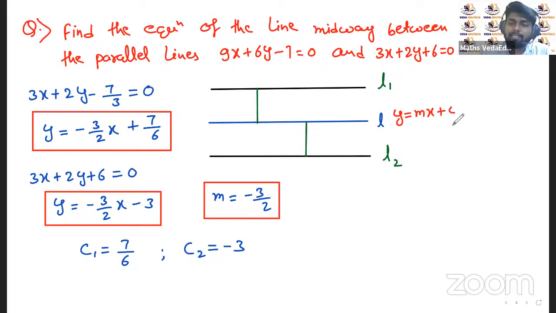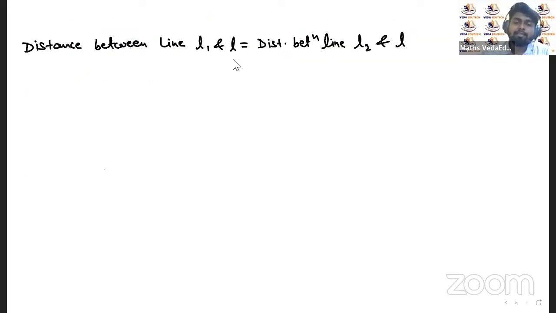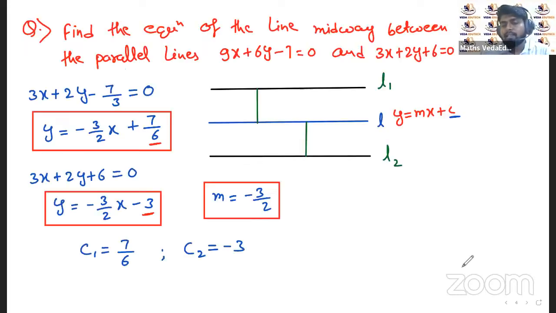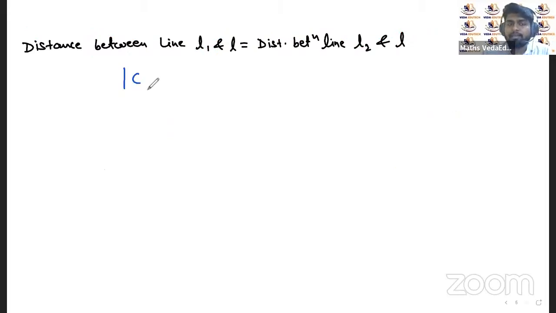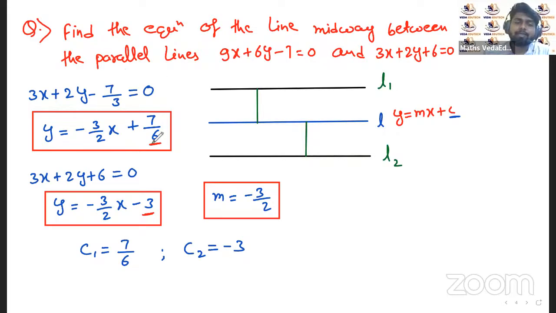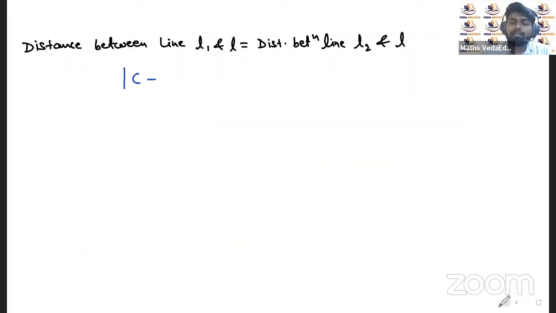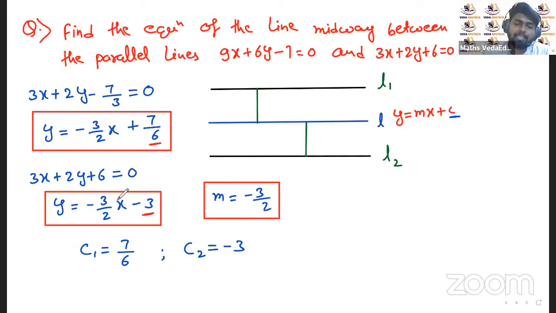Here the constant term is C. Here the constant term is 7 by 6, and this one has minus 3. The distance between L1 and L is nothing but the modulus of the difference of the constant terms, that is C minus 7 by 6, or if we assume it C1 also, C minus C1 upon square root of 1 plus m squared.